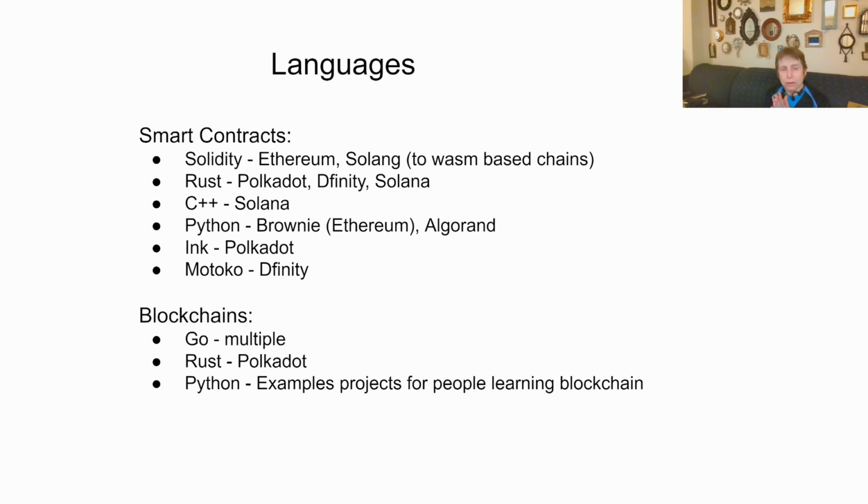For the smart contracts, and again, Polkadot, Solana, actually building the Polkadot blockchain is in Rust. When you talk about Ink and Motako, they're much more limited, but they're useful for those specific chains.